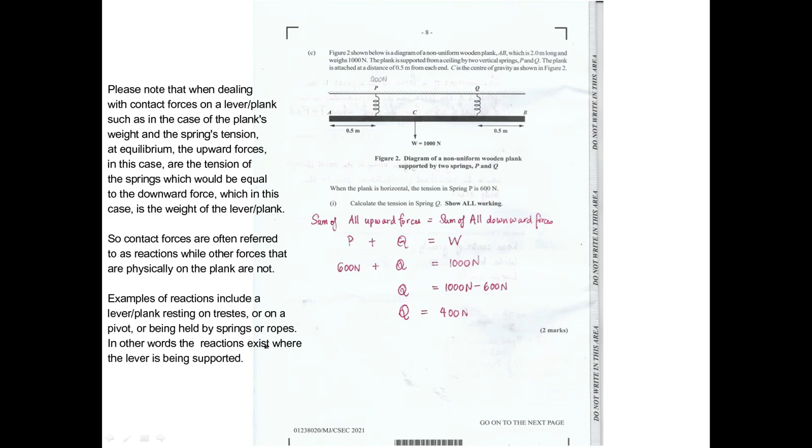Since P is 600, we substitute 600 newtons, add Q, and W is the weight of the plank, which is 1,000 newtons. We perform a simple transposition, subtracting 600 from each side, and you end up with 400 newtons, so Q would be 400 newtons.